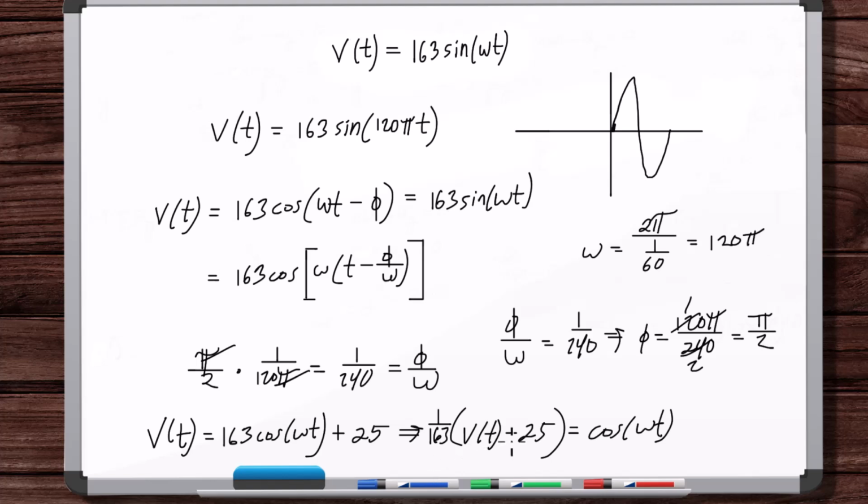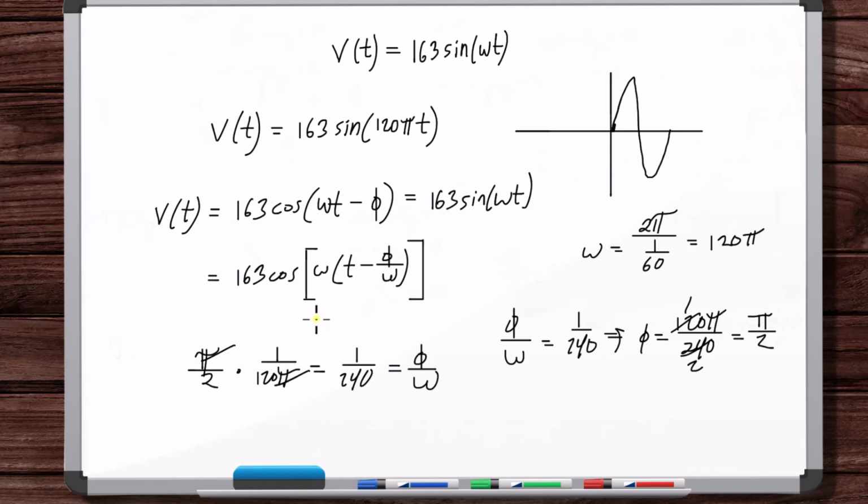So it's been shifted up 25 and then scaled by the reciprocal of this about the y-axis by 163. Right? It's the exact same form as this. You factor out what you need to factor out to get a coefficient of 1 in front of the variable, so you can see what the phase shift is of the transformed graph, and you can see the actual scaling about that axis.